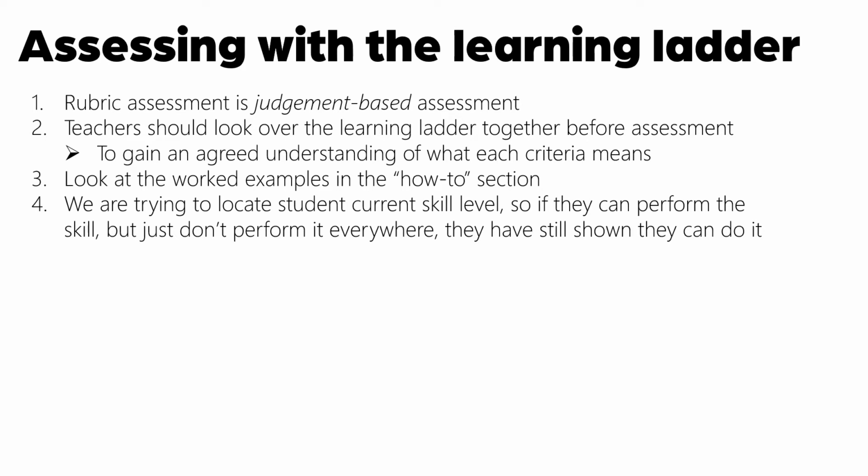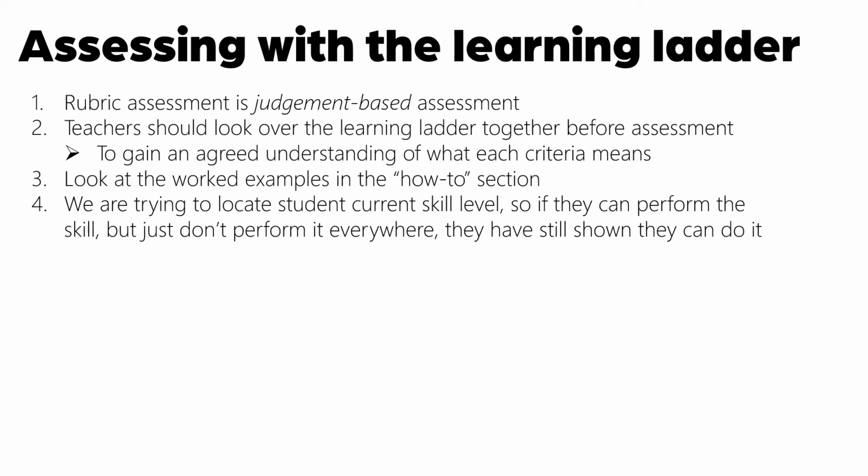What we are trying to do by assessing a student against the learning ladder is find out the student's current skill level. If you have a large piece of work and they demonstrate a skill to a certain level in one part of that task, but not everywhere, we would say that they've still demonstrated that they can do it, they just aren't necessarily doing it consistently. That's not a problem. When you're trying to identify the student's zone of proximal development, or Goldilocks zone, or the spot where you should target their teaching, if they can do it at all, that means it's in their zone of proximal development.